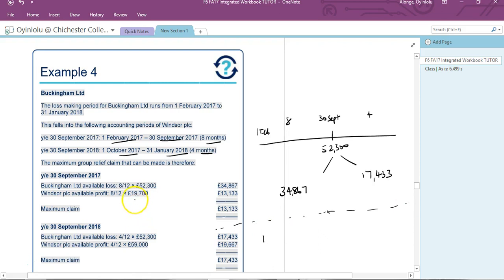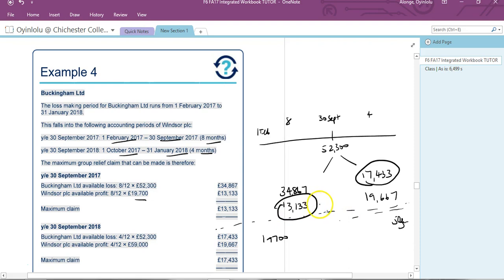When we split the 19,700 up for 8 months, we only have 13,133. And when you split the other 59,000 into just the 4 month period, you have 19,667. So we have to take the lower.